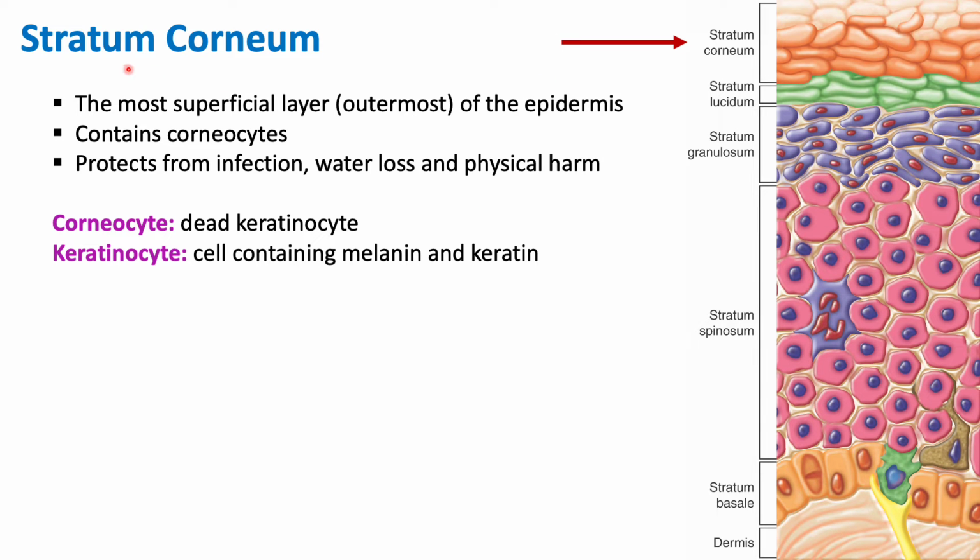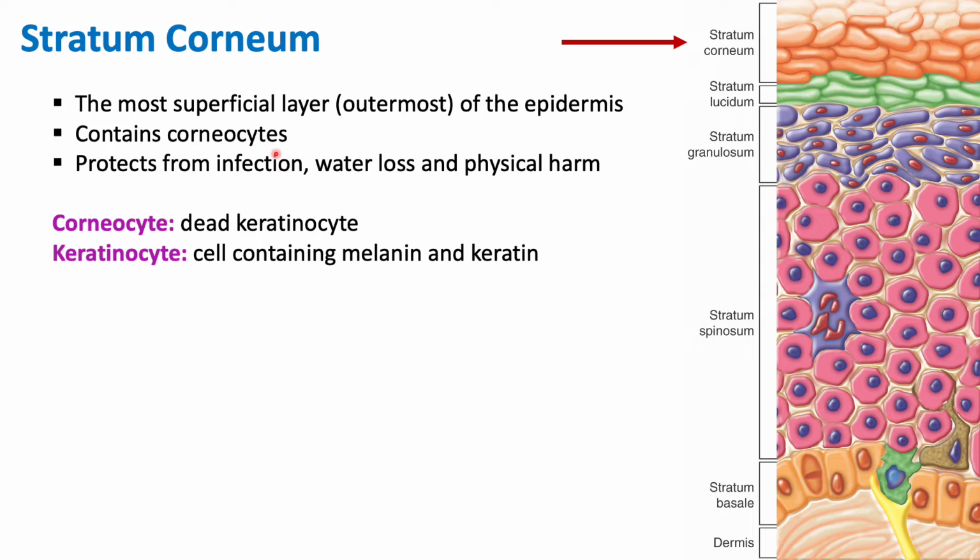Now, if we take a closer look at the stratum corneum, we can see that it is the outermost layer of the epidermis. So essentially, it is the most superficial layer. Now, the stratum corneum contains a specific type of cell, which is called a corneocyte.